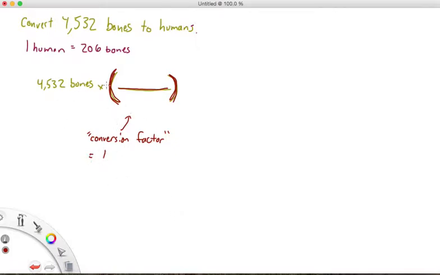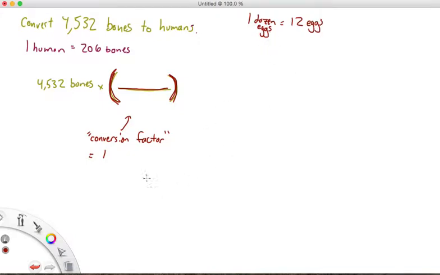Let's say you have this kind of equality right here. Let's say you have 1 dozen eggs equals 12 eggs. Okay?